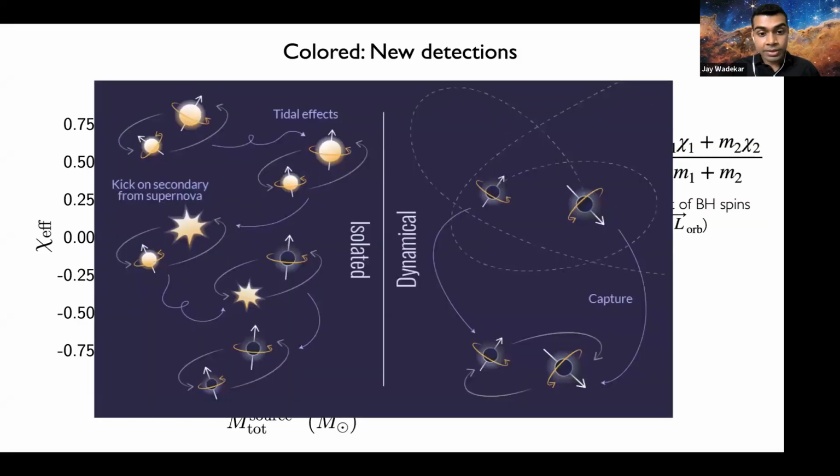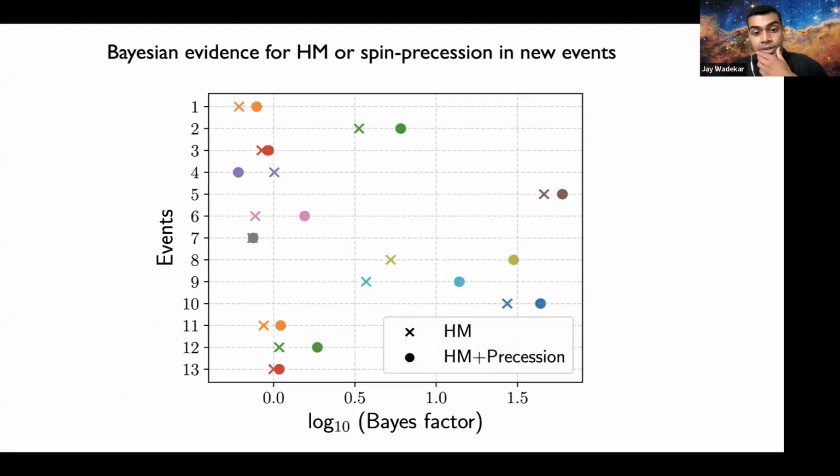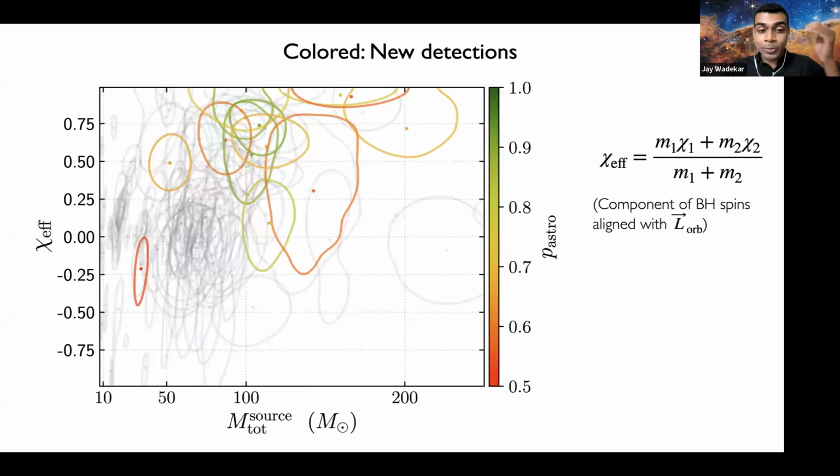One more thing to point out is that there is another observation systematic: things which have positive chi effective and high mass can be brighter, as they have more power in the LIGO observation band. So this could also be an observation systematic.